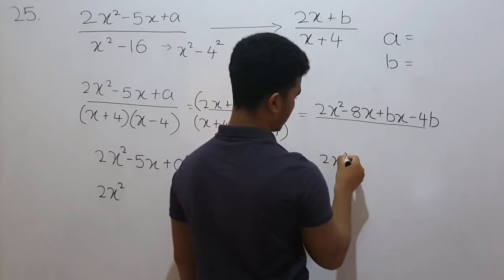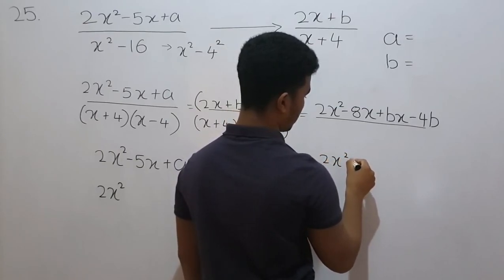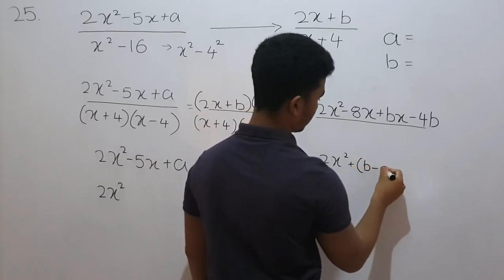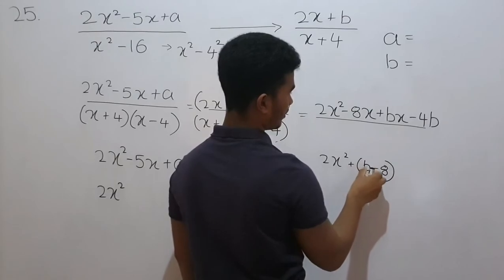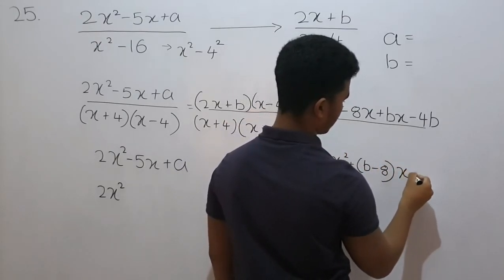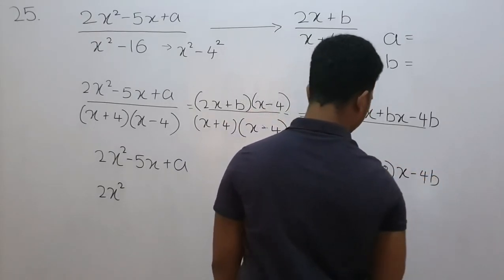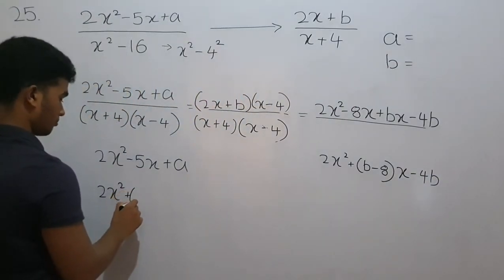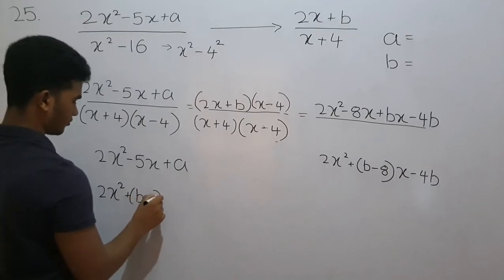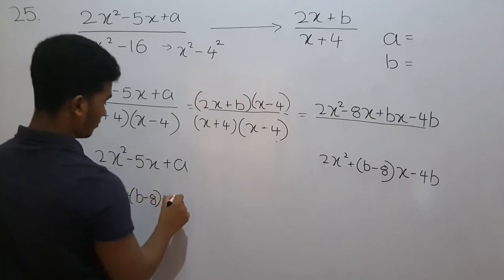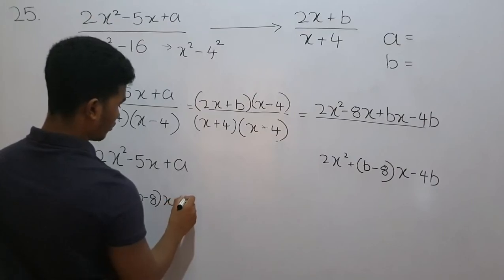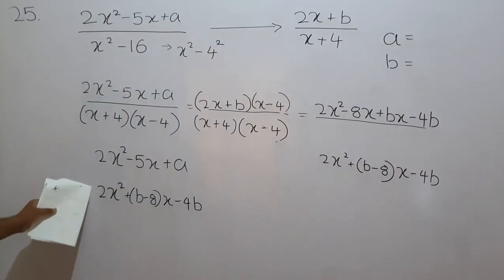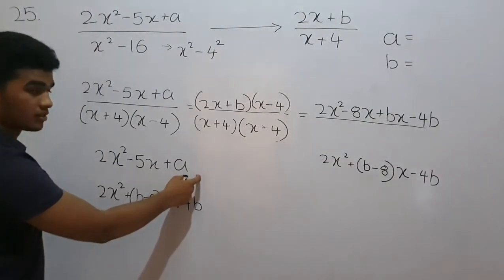2x square, take plus b minus 8 out, x, minus 4b. So 2x square plus b minus 8 x minus 4b. So these two expressions are equal.